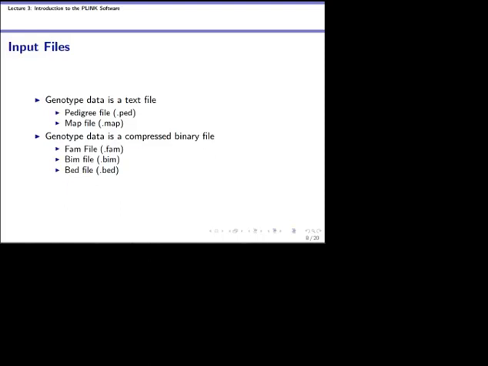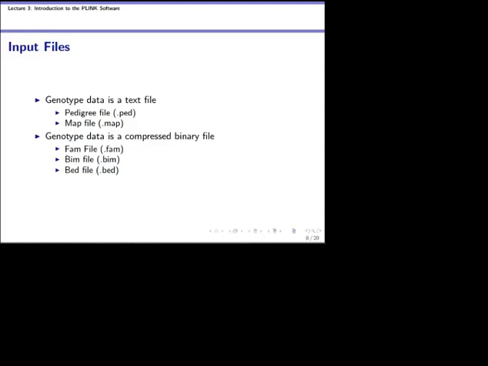The MAP file gives you information about each marker, the location of it, which chromosome, and the name. So the MAP file for this format and the .bim file are essentially the marker information. But the .ped file gets split into a .fam file and a .bed file.